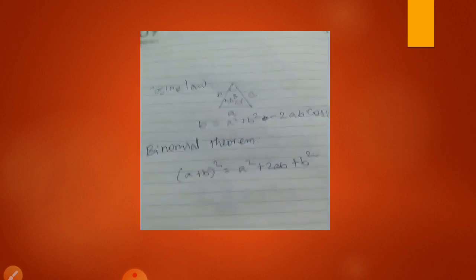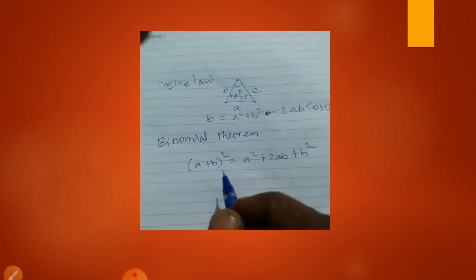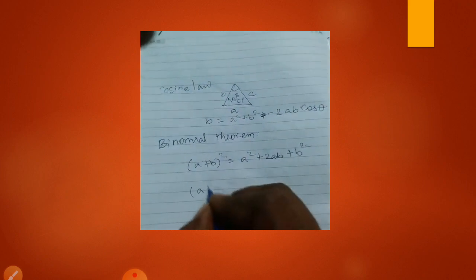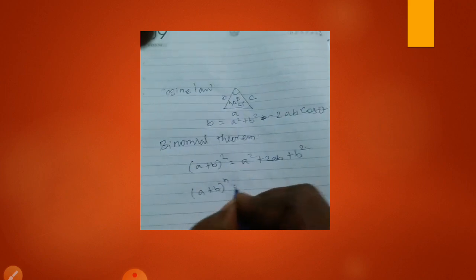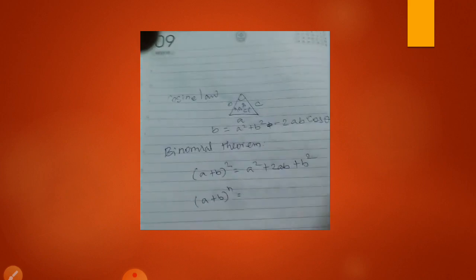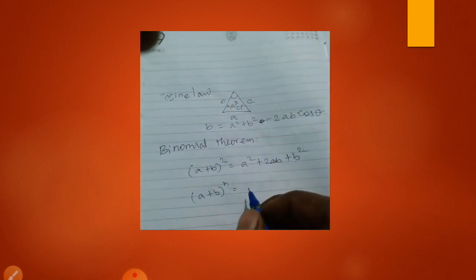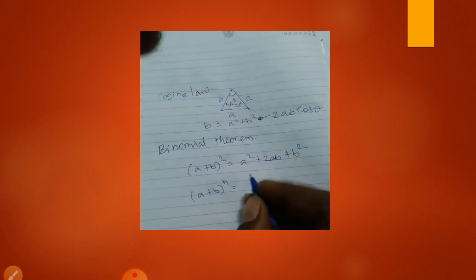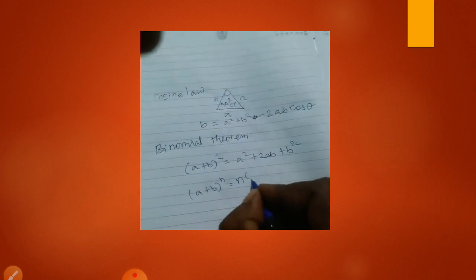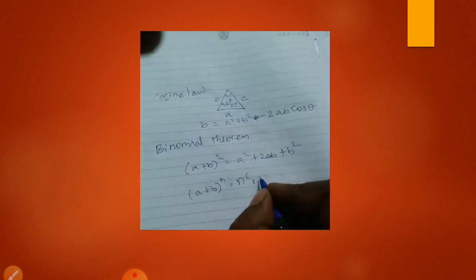Actually there is a general formula for A plus B the whole to the power n. Mostly the math students will easily understand. According to the binomial theorem, we have nCr and n factorial.